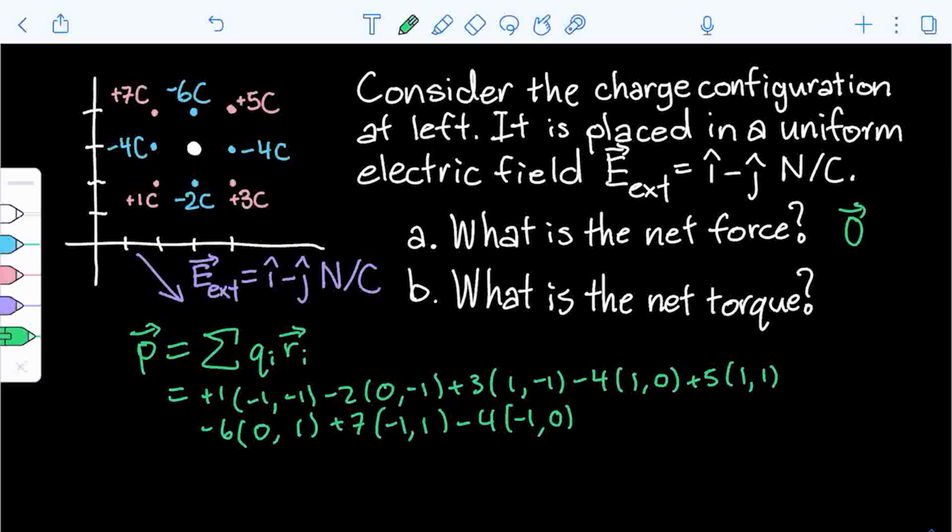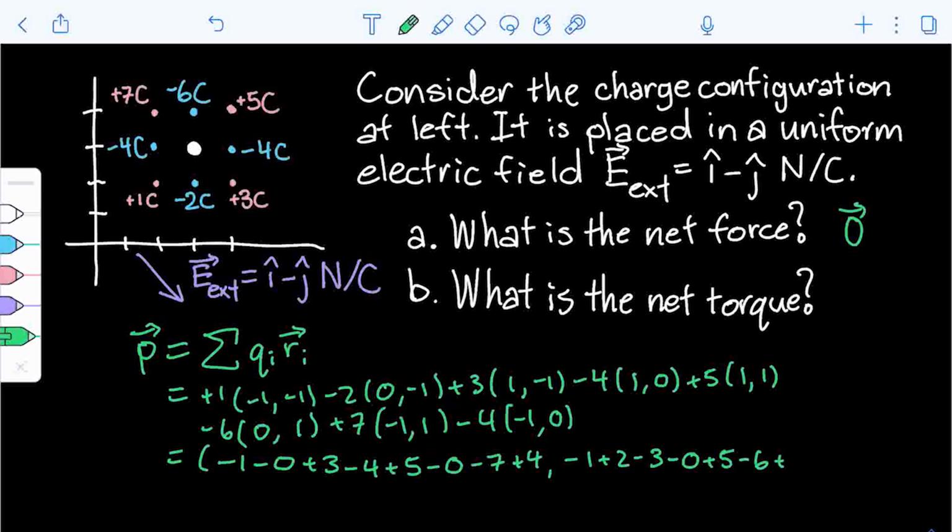Let's figure out what the x term ends up being. The x term is negative 1 minus 0 plus 3 minus 4 plus 5 minus 0 minus 7 plus 4. And the y term is minus 1 plus 2 minus 3 minus 0 plus 5 minus 6 plus 7 minus 0.